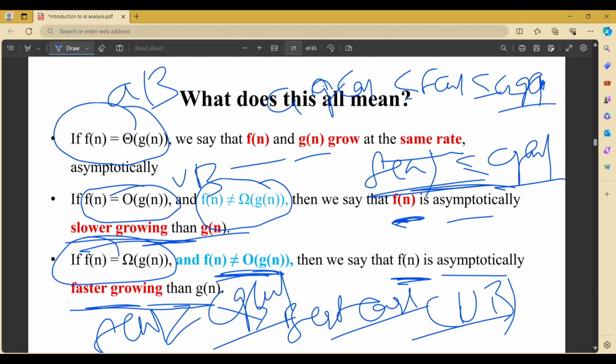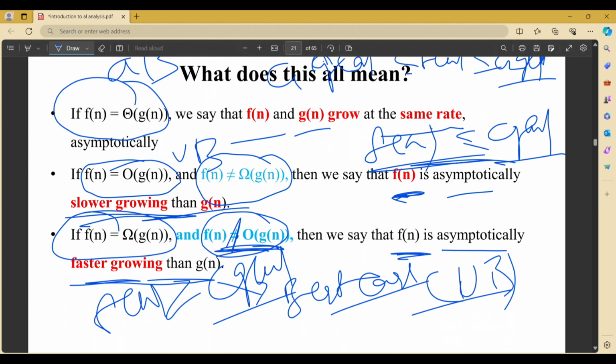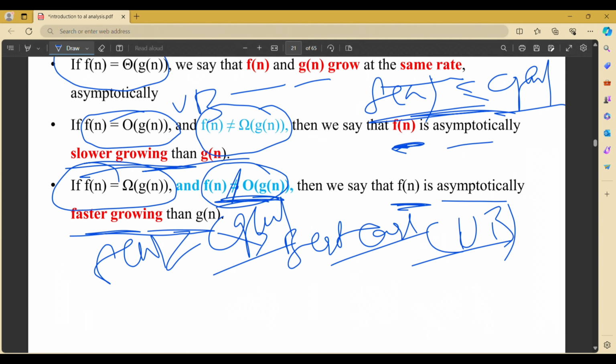Understand? Why is not equal to given? If they are equal, it becomes the average case scenario, meaning it becomes theta notation. They have mentioned each and everything clearly, so follow each and every instruction properly. I hope you have understood these 3 points.